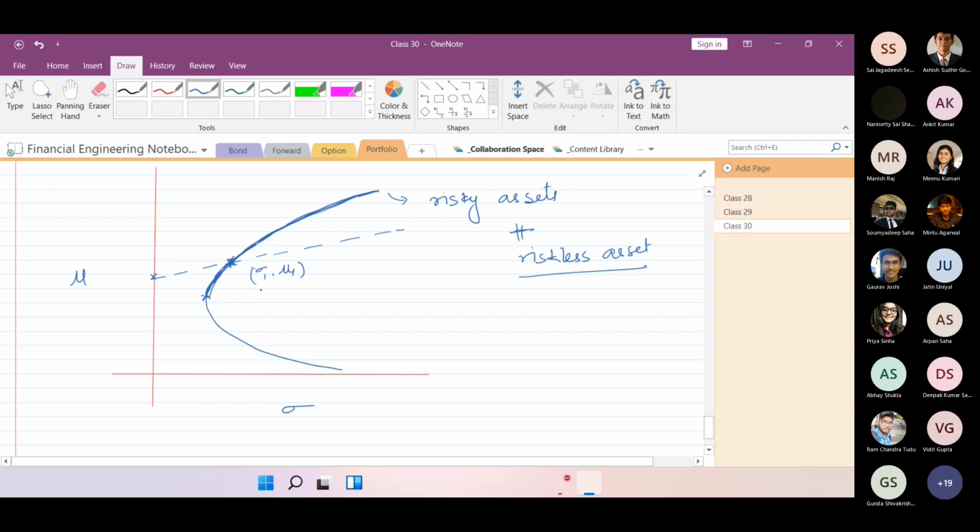Suppose this corresponds to a particular weight, W1. This W1 is again a column vector which will have n components. If I multiply this with alpha and the riskless one with 1 minus alpha, this would be the return line.